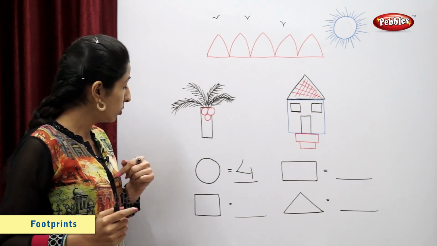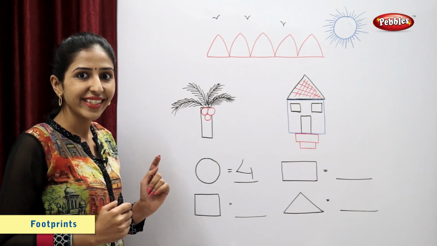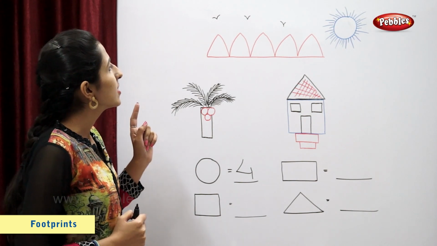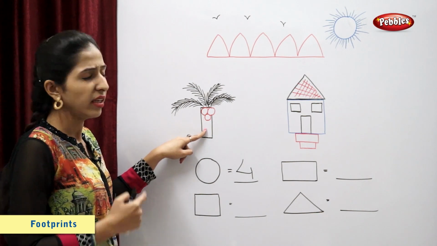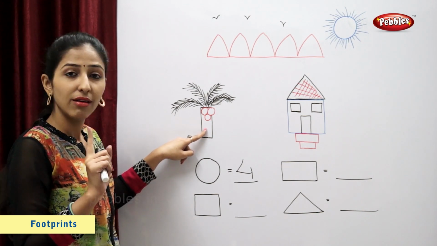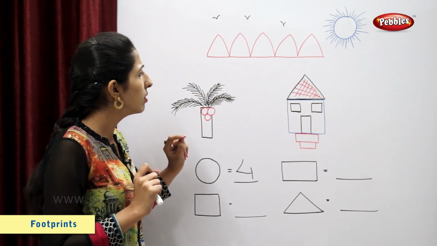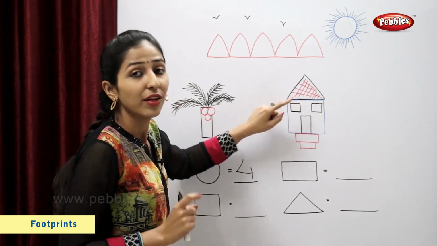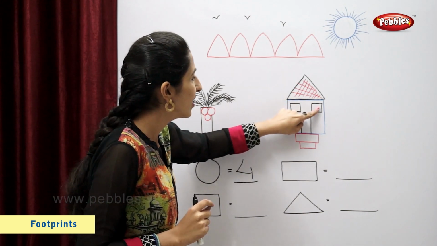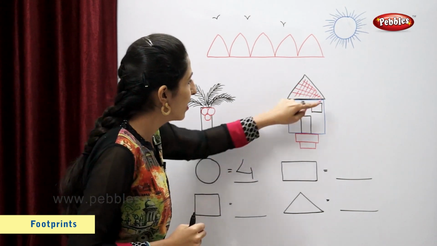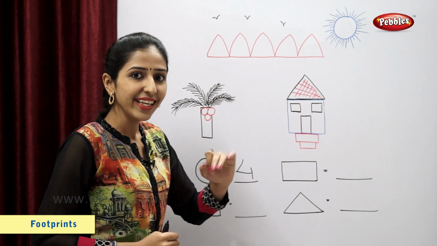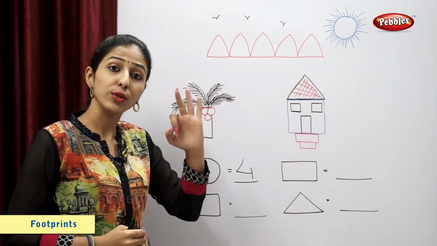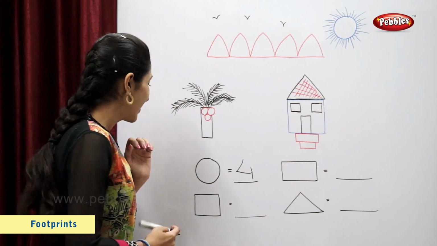Now, let's count squares. Is this a square? No. 1, 2, 3. So, there are a total of 3 squares.